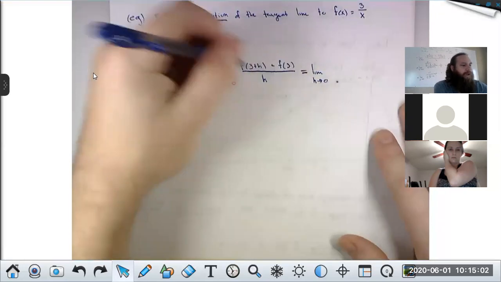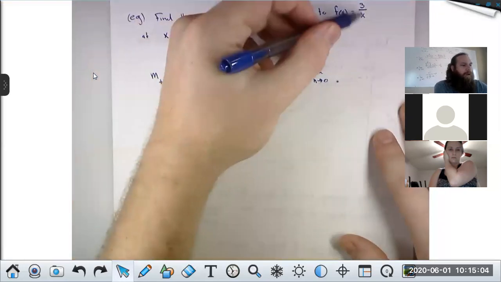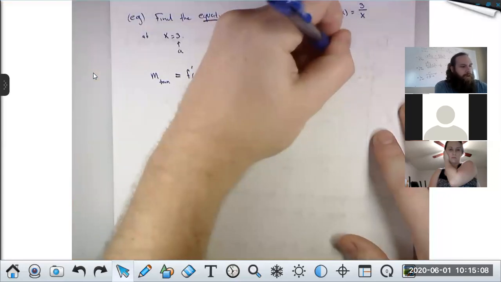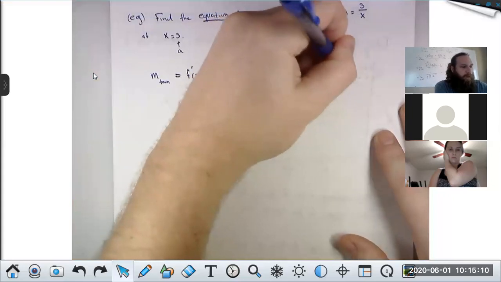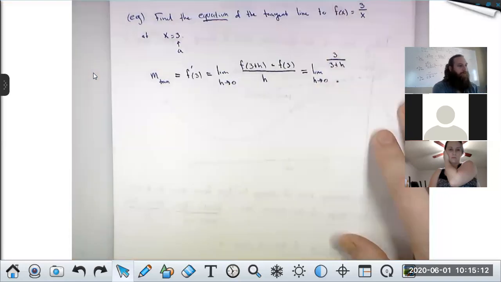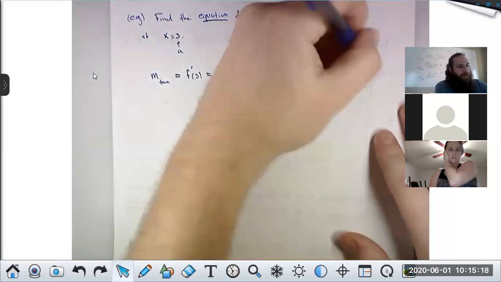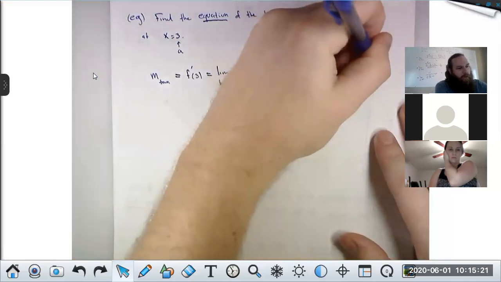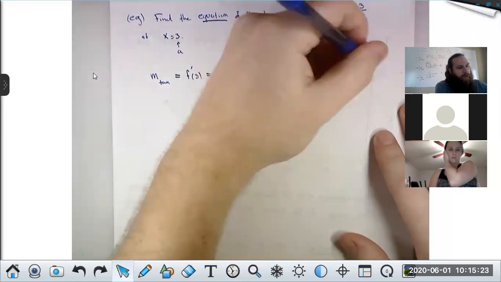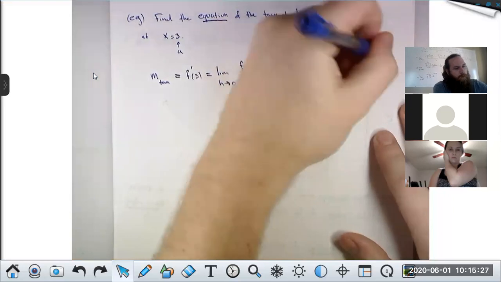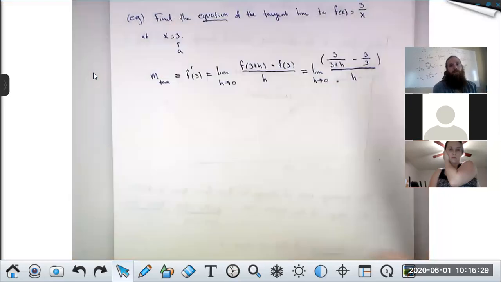F of 3 plus h is what you get by plugging in 3 plus h for x in the formula for f of x. So that's 3 over 3 plus h. F of 3 is what you get by plugging in 3 for x. So that's minus 3 over 3. And then all of this is being divided by h, and I recommend some parens.